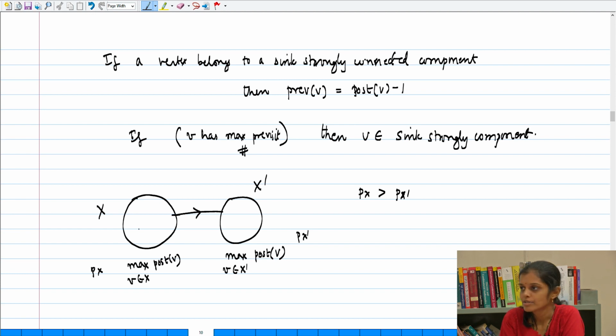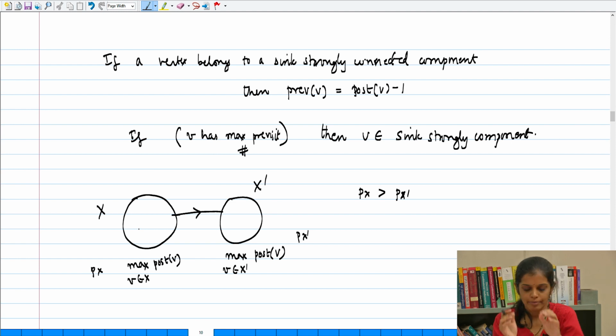Is this clear? So irrespective of whether we choose a vertex inside x or x prime to be selected for the DFS traversal first, we have this property that the max post visit number given to a vertex in x is larger than the max post visit number given to a vertex in x prime. Everybody okay with this?